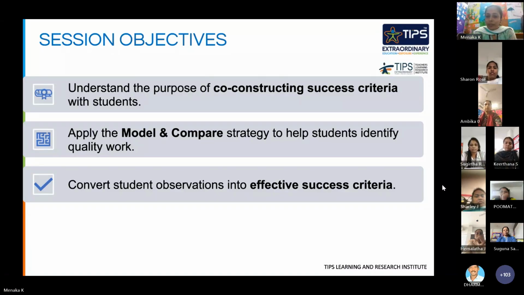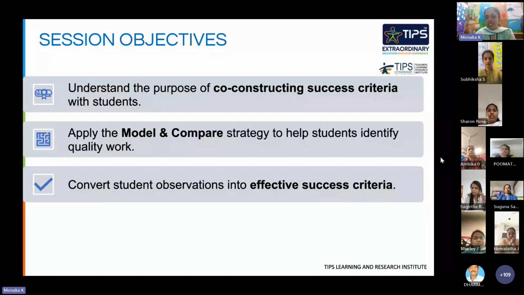Okay. Learning goal is objective, success criteria is outcome. Learning goal is the destination, and success criteria is the way to reach success. Yes. Outcome and action to achieve.